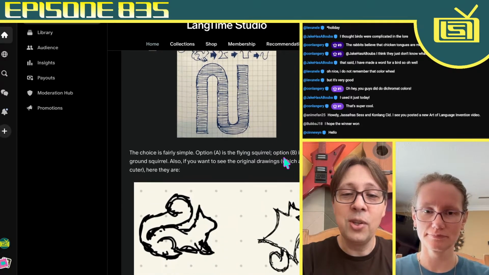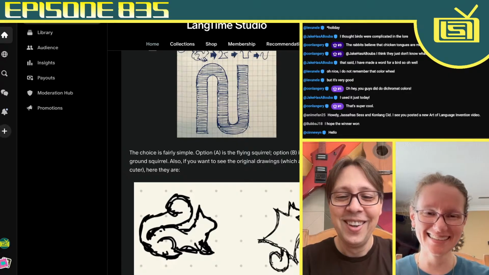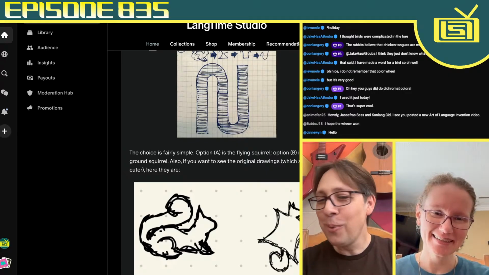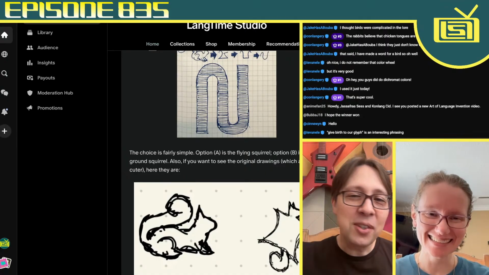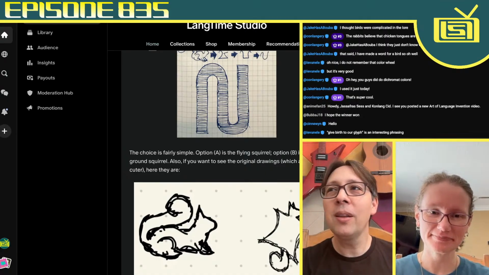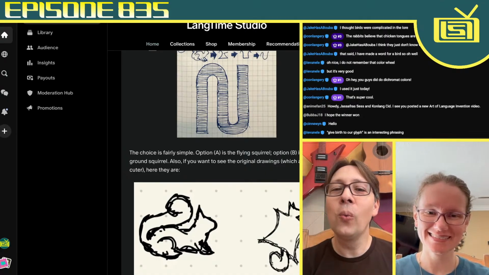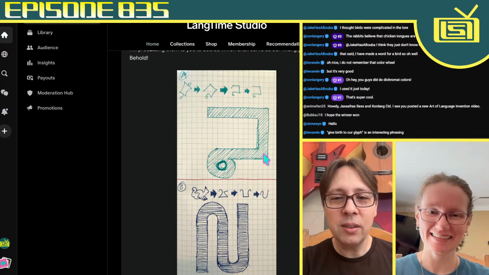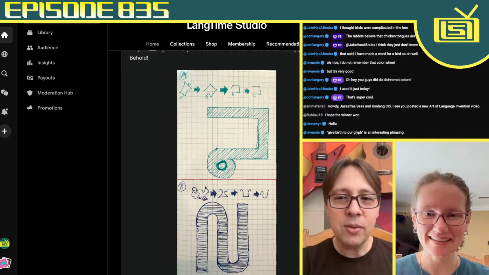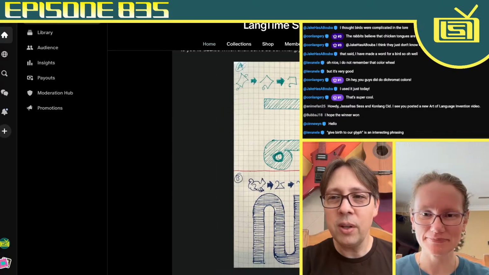I really think it was the drawings. People were just so enchanted by your cute little flying squirrel. It completely won the day by like a 4-1 margin. Flying squirrel was the winner, so the end glyph is going to be this one, and it will be based on flying squirrel for Angma.